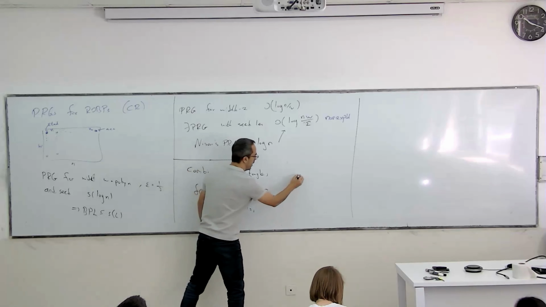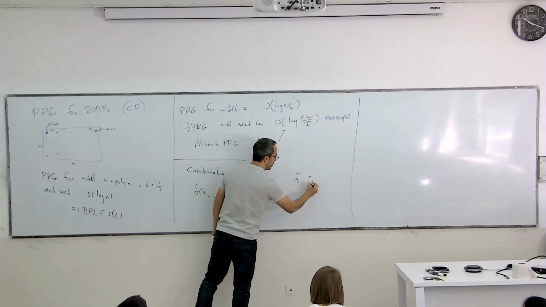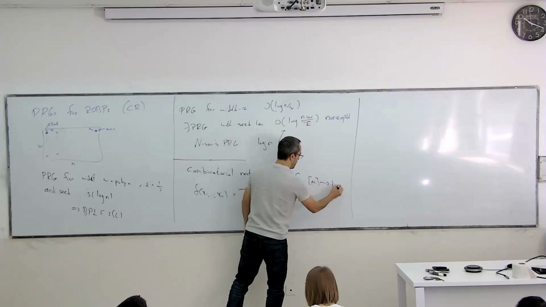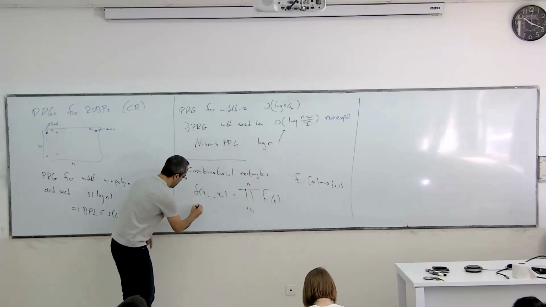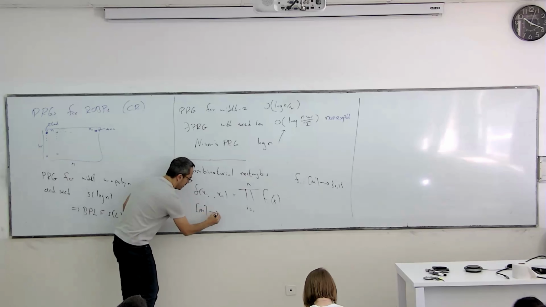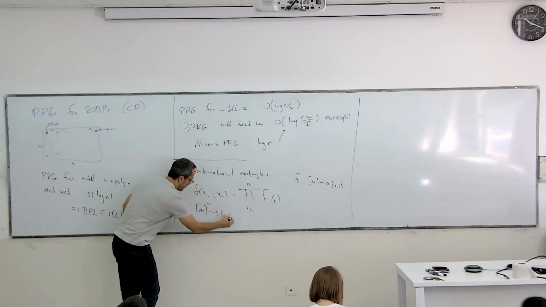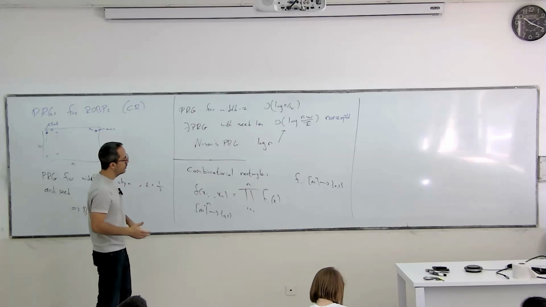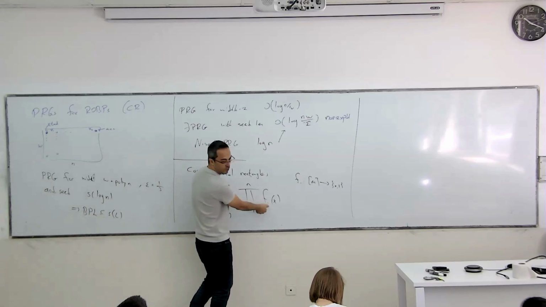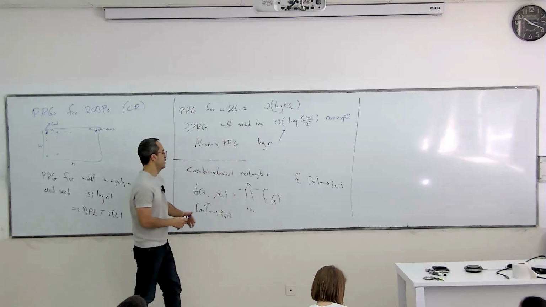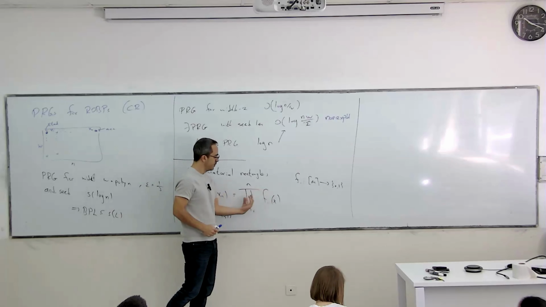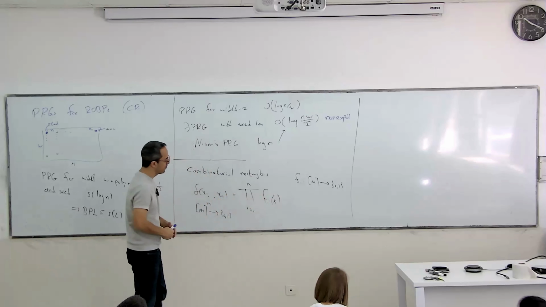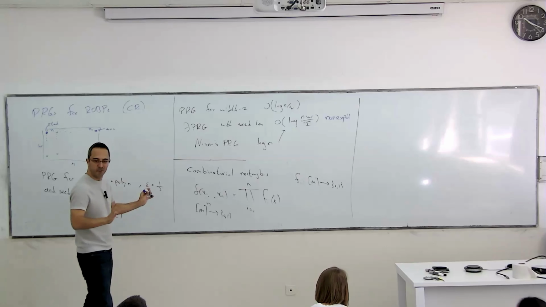So every f_i is from some [m], that's the size, to 0, 1. So this is a function from [m]^n to 0, 1. It's essentially the AND of these functions. And we call it combinatorial rectangles because the preimage of those, the product being 1 means that you're in the set-theoretic product of the preimages of the f_i's of 1s. Okay?